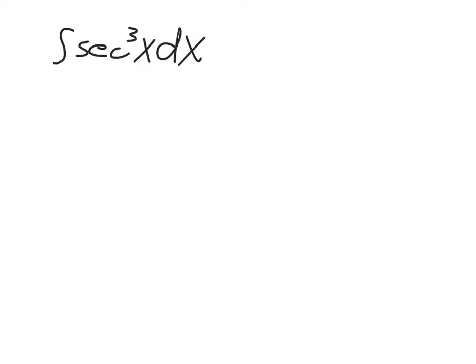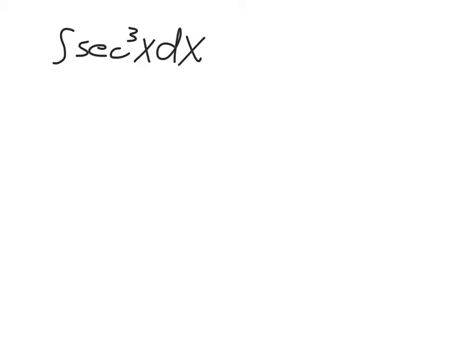But this secant cubed x dx, this antiderivative requires integration by parts, and then it's kind of a repeated integration by parts that we do a tricky little thing of solving the equation. I think Professor Berger talked about that a little bit back in the integration by parts section, but it's definitely something that's not real obvious, and it's pretty easy to mess up. So let's go through this.